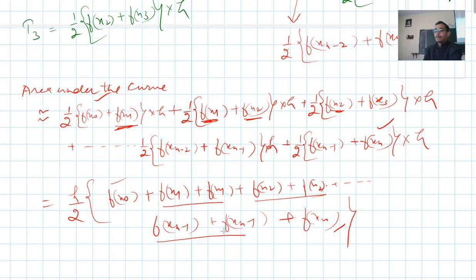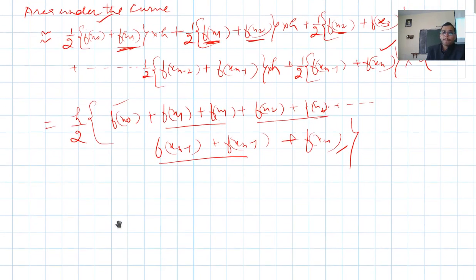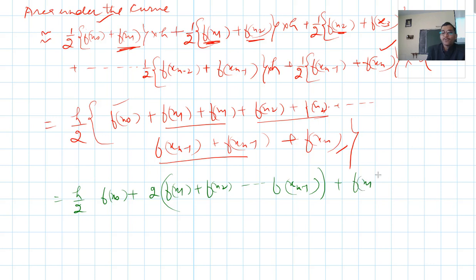So I can sum this up as h upon 2 times f of x naught plus twice f of x1, f of x2 and so on up to f of xn minus 1, plus f of xn.